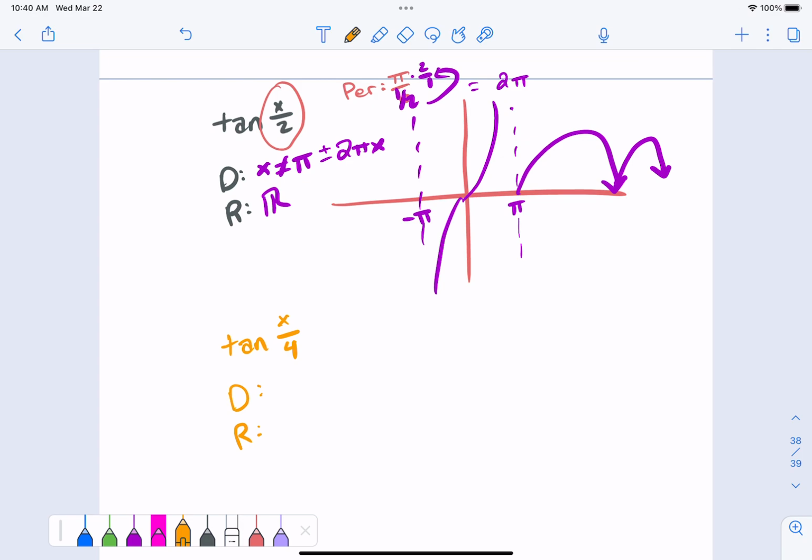Where will his vertical asymptotes be if he's tangent of x over 4? Your domain is almost right, but your asymptote won't be at pi. Where will your first asymptote be?